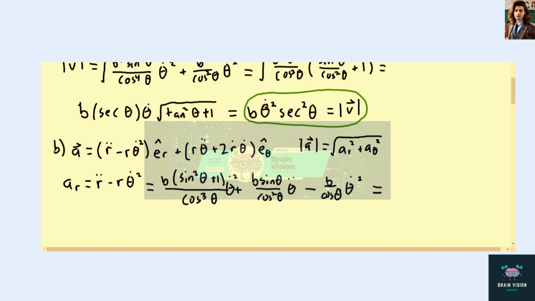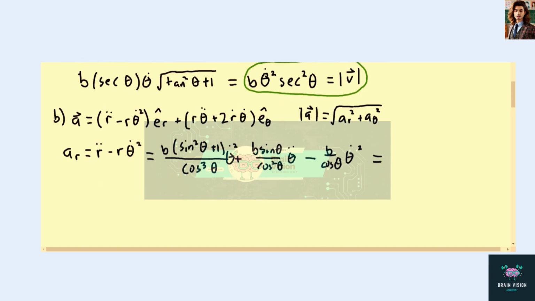And all right, we can combine all these terms. And so we'll factor out, let's see, first we'll do the theta dot squareds. So we'll have a b over cosine cubed theta.